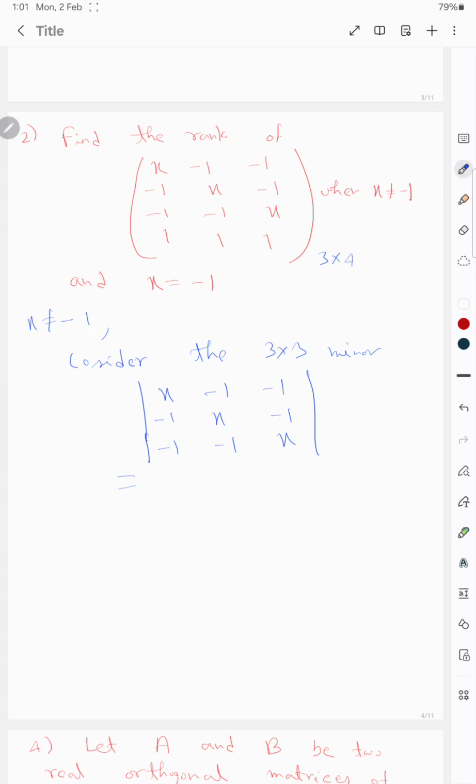So x into x square minus 1, plus 1 into minus x plus 1, then minus 1 into 1 plus x. So you have x cube minus x minus x plus 1 minus 1 minus x.